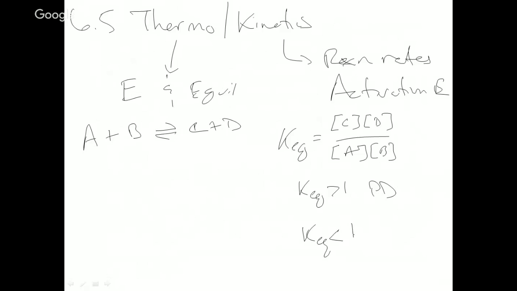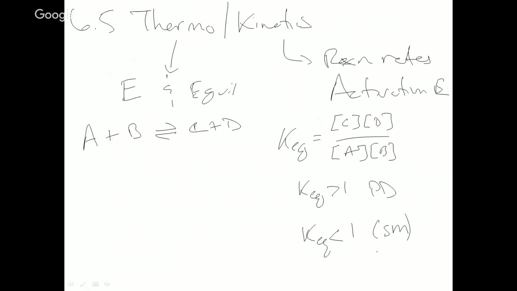KEQ less than 1, starting material is favored. This is pKa. We went through this in the video before. pKa is just a KEQ minus water. It's a specialized Ka value. We take the minus log of that, get a pKa, it gives us a number. So not so different here. Now we're just talking about more complex reactions.